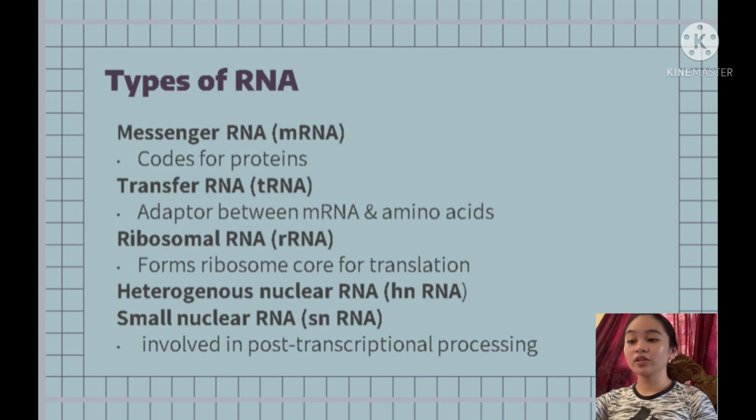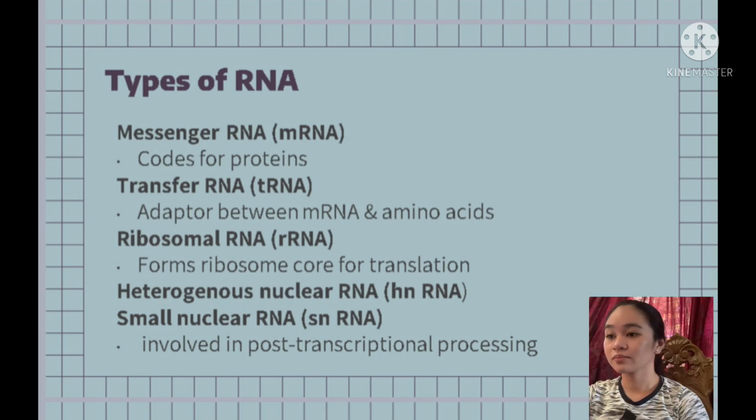Transfer RNA, or tRNA, is the adapter between mRNA and amino acid. Transfer RNA is a type of RNA molecule that participates in protein synthesis. Each tRNA molecule has two important areas: a trinucleotide region called the anticodon and a region for attaching a specific amino acid.